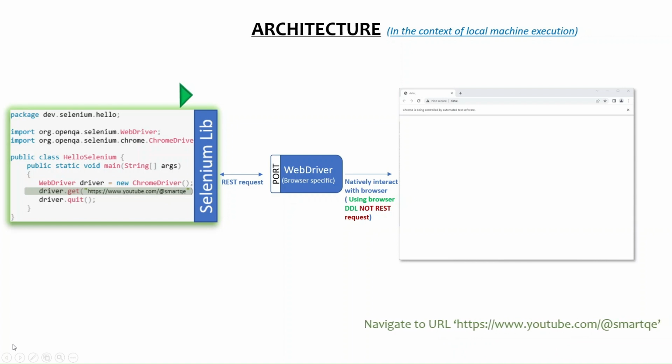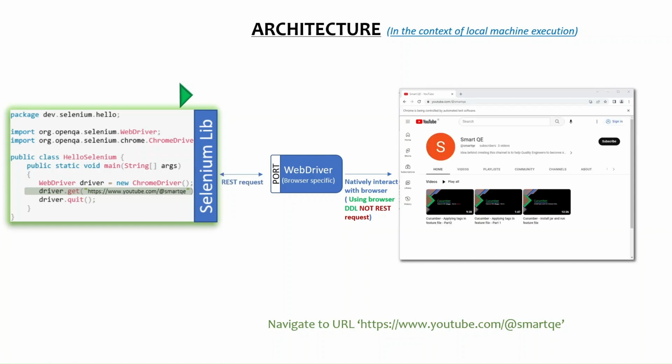In this step, the test sends a request to navigate to the URL https www.youtube/@smartqe, and this request is sent as a POST REST request on the port WebDriver is listening, and then WebDriver interacts with the browser to navigate to the URL via its native interaction.